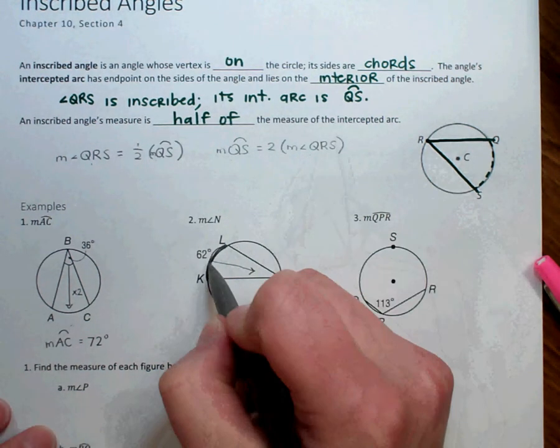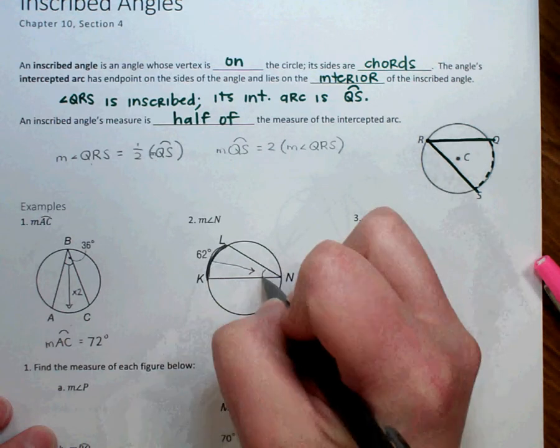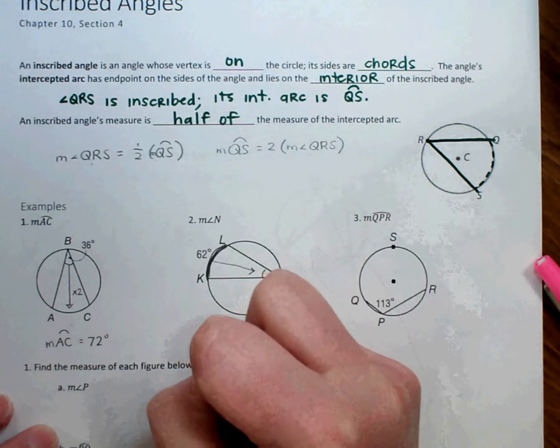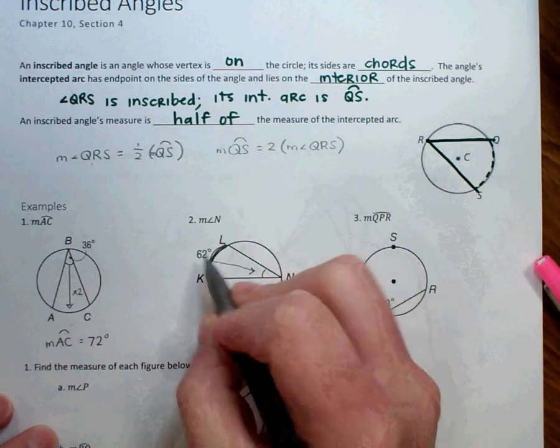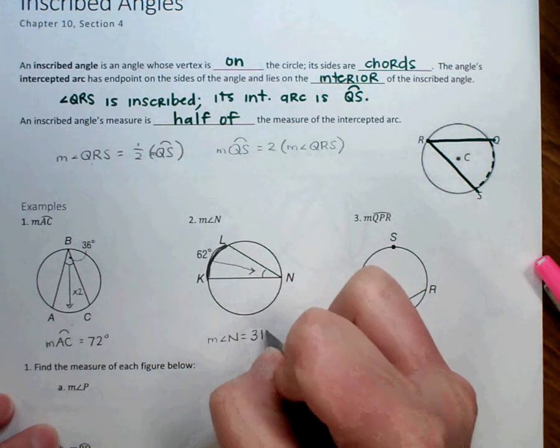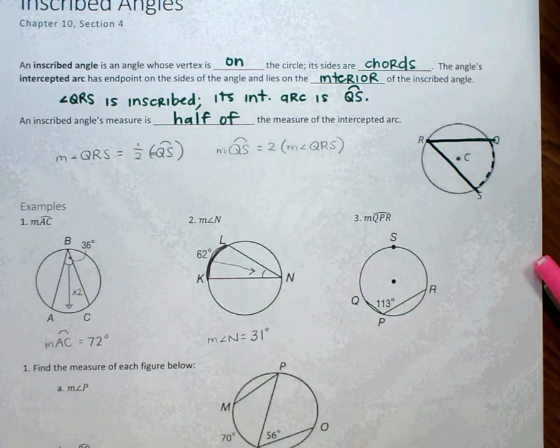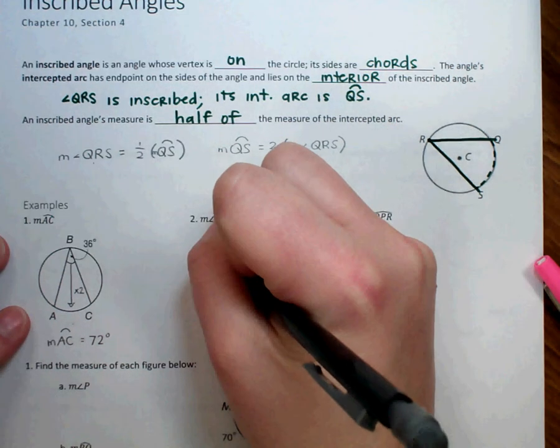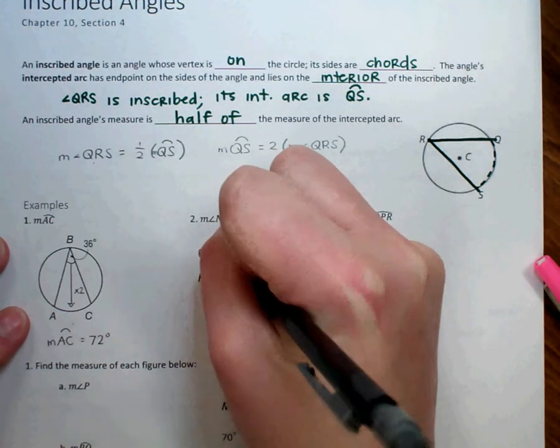So my angle that I'm looking for is half of the arc. Half of 62 is 31. If we're going back into the circle, we need to divide by 2.